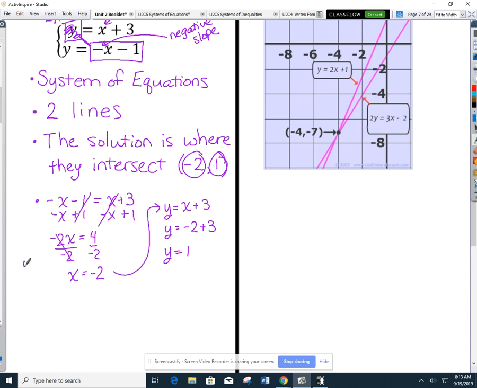So I'm going to write them both down. Elimination would look like this.